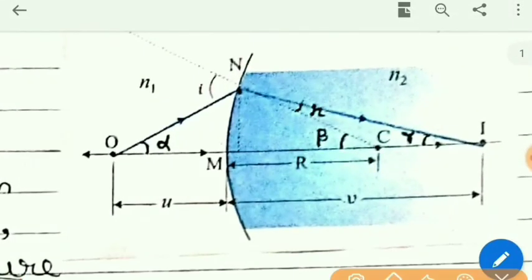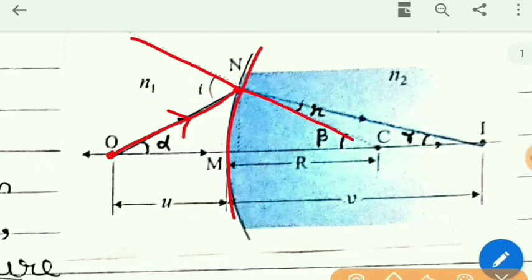At this curved surface, you can see that from this point O, this is the incident ray, and at this point, this is the normal line. So the angle made by the incident ray with the normal is this angle, so angle i is the angle of incidence.